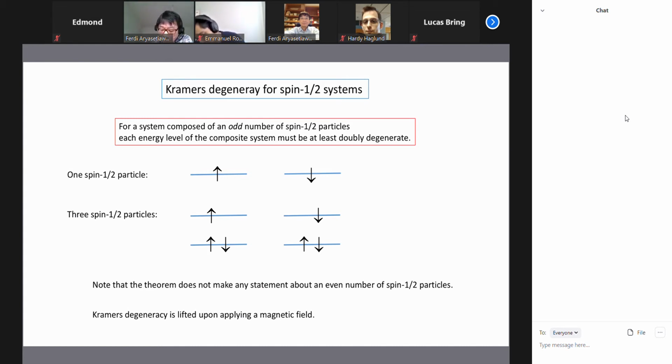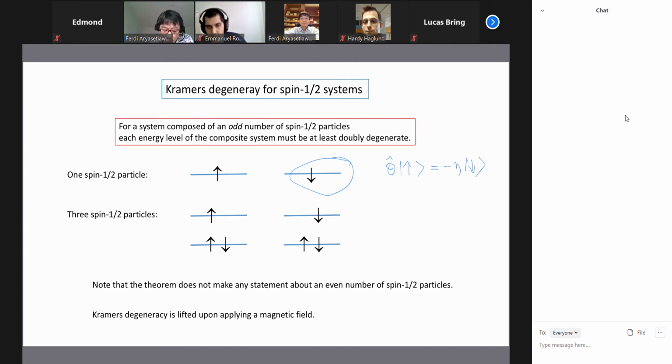We apply it on a spin up, that will give us minus the spin down. So that spin down state is degenerate with the spin up state. This is just the Pauli principle, that you can occupy the same state with two electrons, one up and one down. So these two states are degenerate.